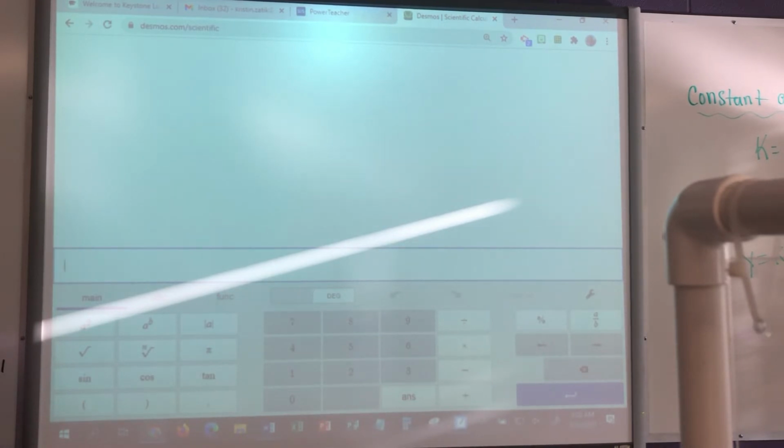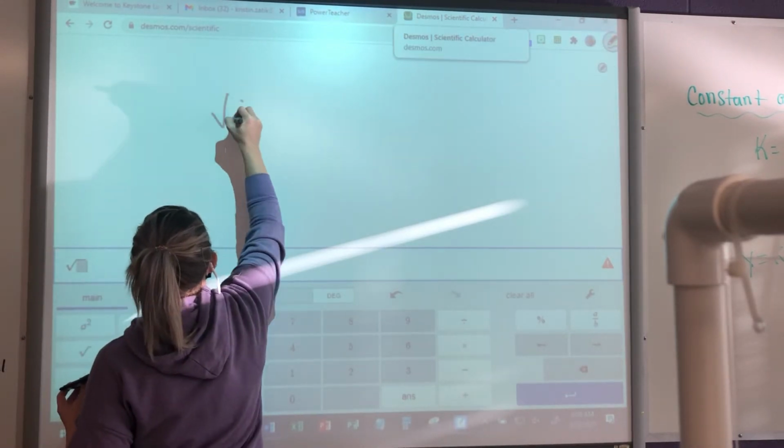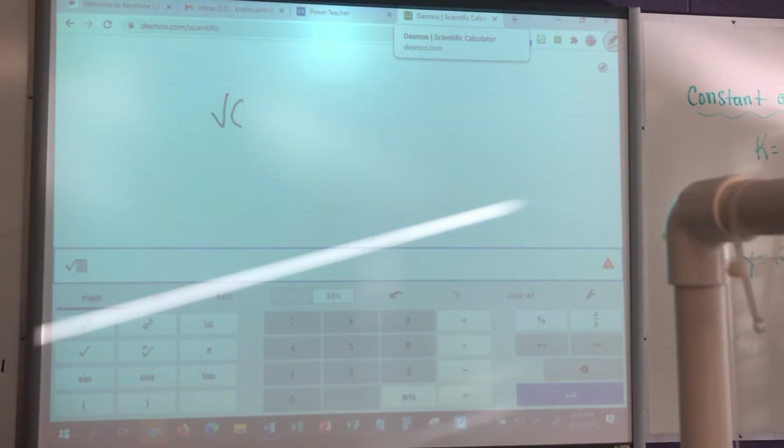Now yours might be different, so just wait a minute. Right above it is the square root button, which is this right here. So if you have a handheld, I want you to go second x squared. Okay, and yours will look like this on the handheld calculator, right? I want you to put a 2 in.